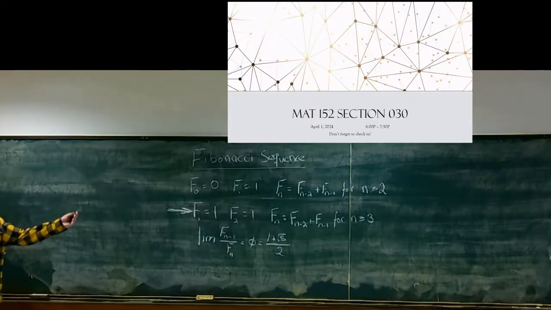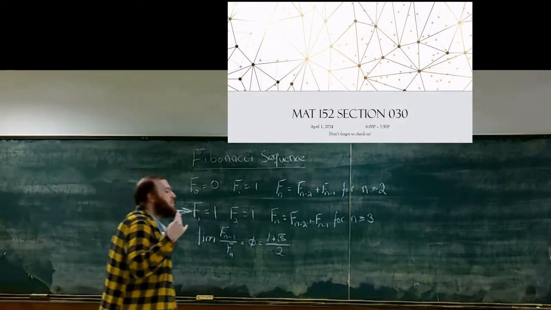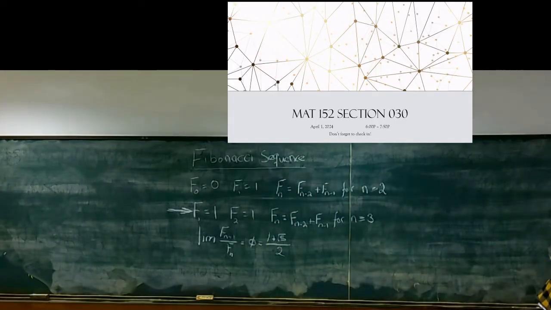This test is used whenever the form looks like this. I also won't always be nice enough to give you the series in summation notation. So in other words, it may look different.